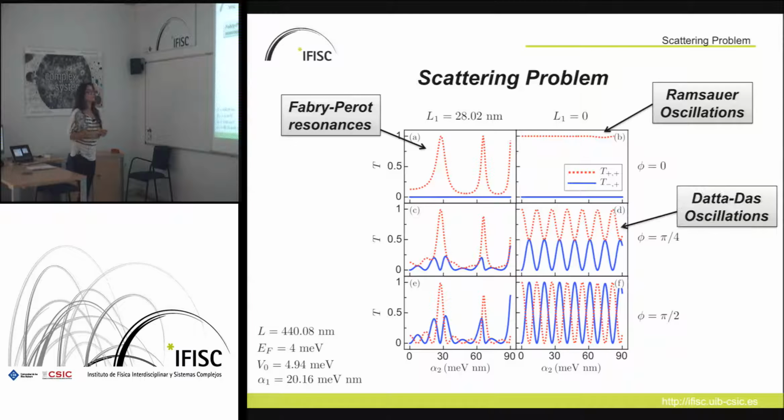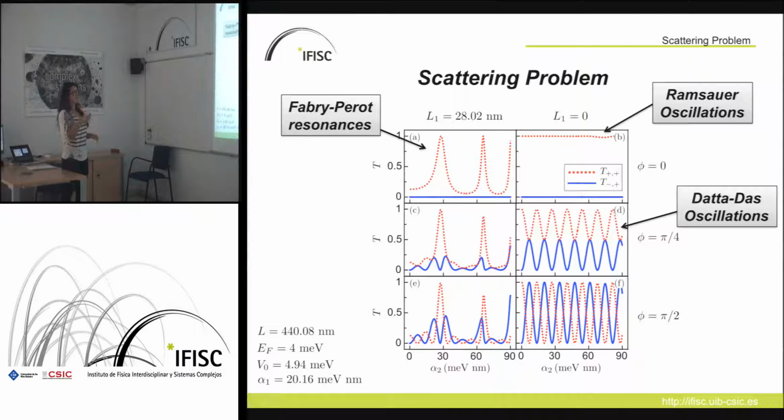This is due to the Datta-Das effect, and observe that for alpha 2 equal to 0, the off-diagonal transmission is equal to 0, and the other one is equal to 1. As we increase alpha 2, these two transmissions are modulated, because for alpha 2 different from 0, the band's energy is split in momentum.